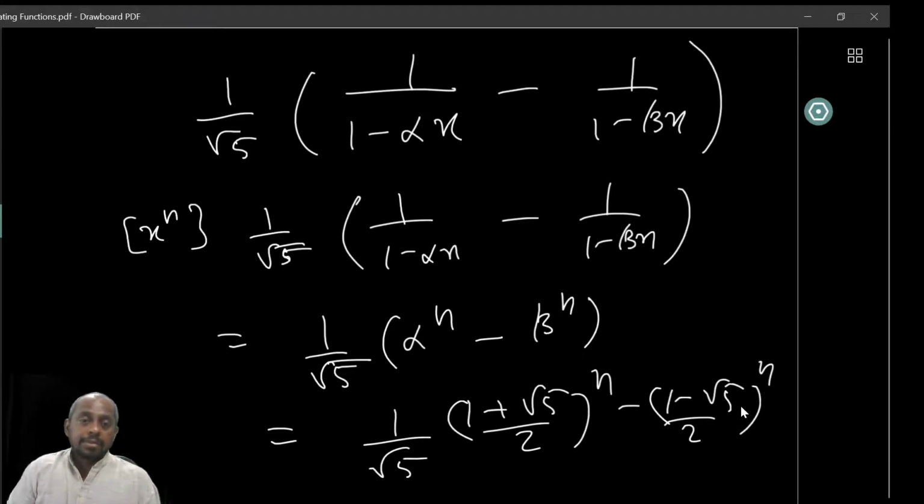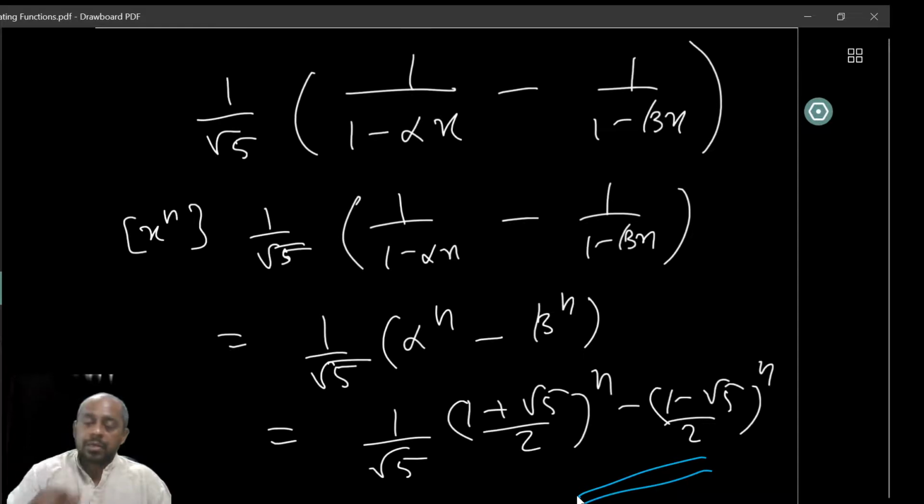And this must be an integer because we are counting the Fibonacci or Hemachandra numbers. It's surprising that a formula like this will always give you integers. So we have solved the Hemachandra recurrence, and we have our solution.